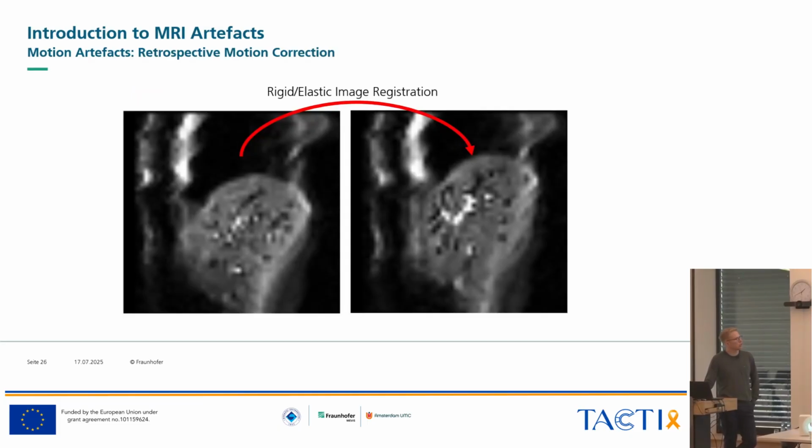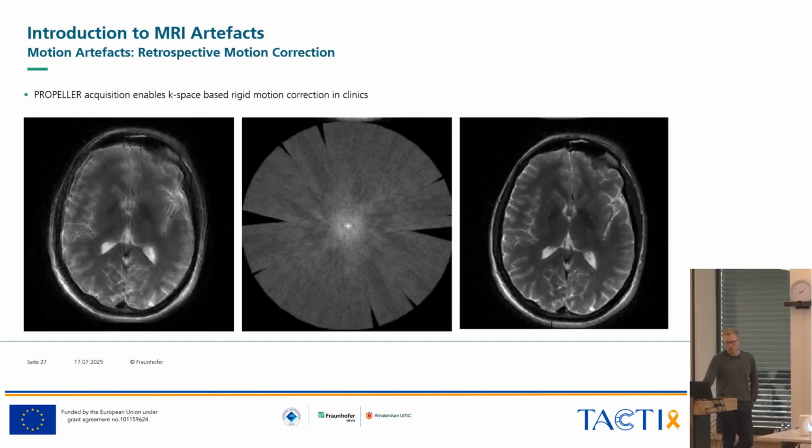So there you would just sample images like the sagittal image of the liver. And after that, you would apply some motion correction techniques where you just apply a registration to make those objects match each other.